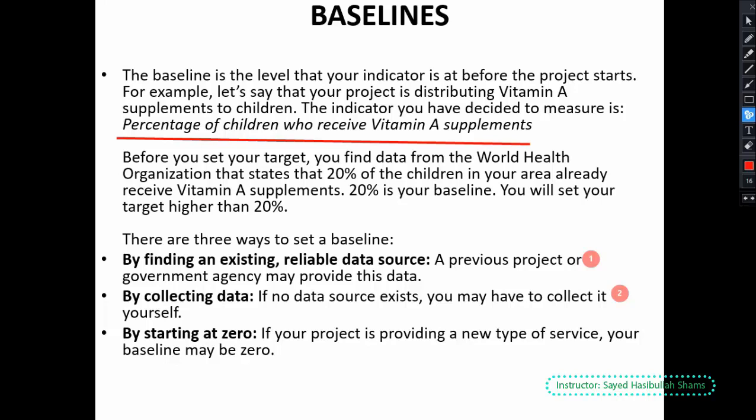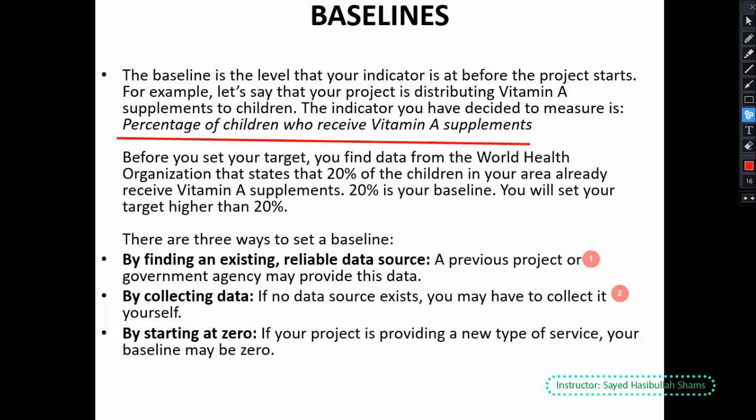We will hire all the data collectors, and then we will train them, allocate resources, set a deadline, and collect data, and then we will have analysis, dissemination and reporting. So it is very time consuming, and we will use our resources on collecting data, but we must have a baseline for every key performance indicator.